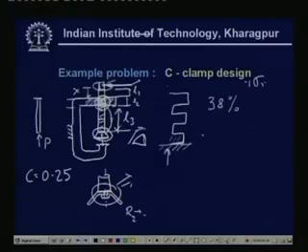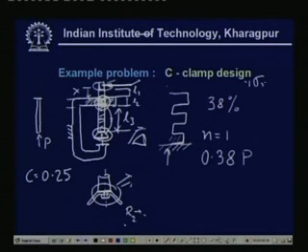One way of having a good design is assuming n equal to 1, that is, the number of threads in engagement is 1, and instead of taking the full load, let it take 0.38 of the load, and then we calculate the stresses and find out whether it is safe or not. This is a very conservative design.